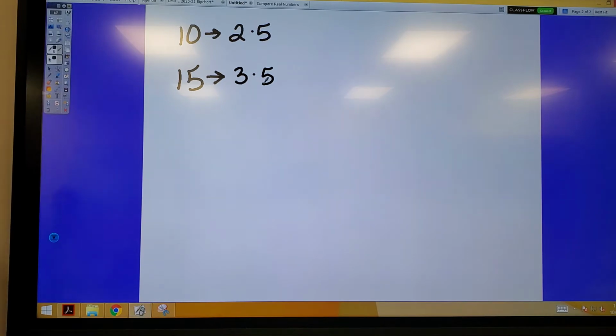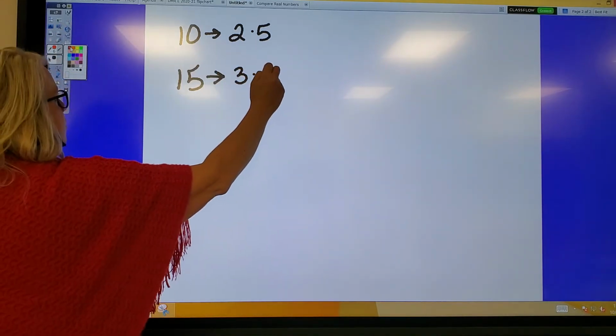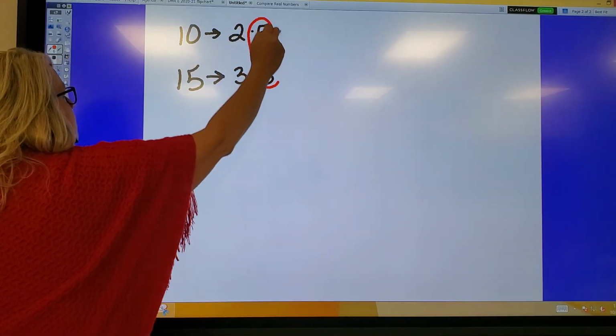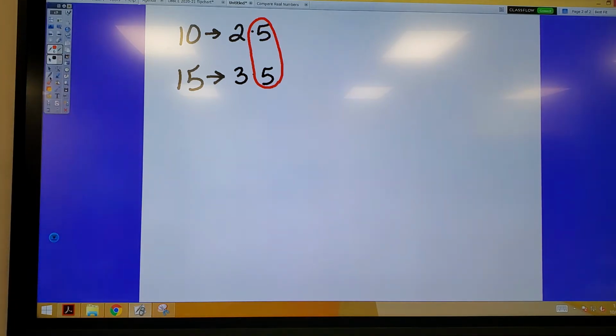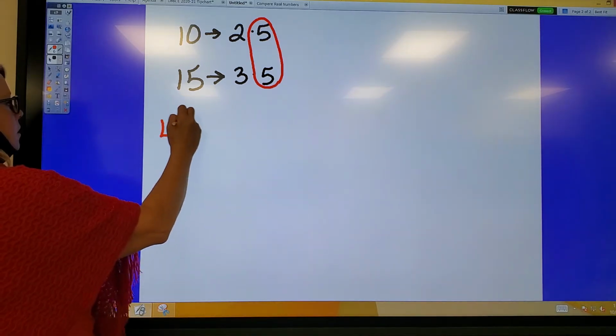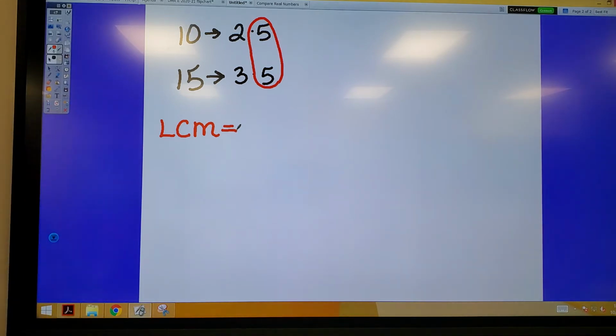So the difference here with the GCF, we are going to still identify things that they have in common. So in common, they only have this 5. So if I was finding the GCF it would be 5, okay? But the LCM, no. We are going to take all of the prime numbers, okay?